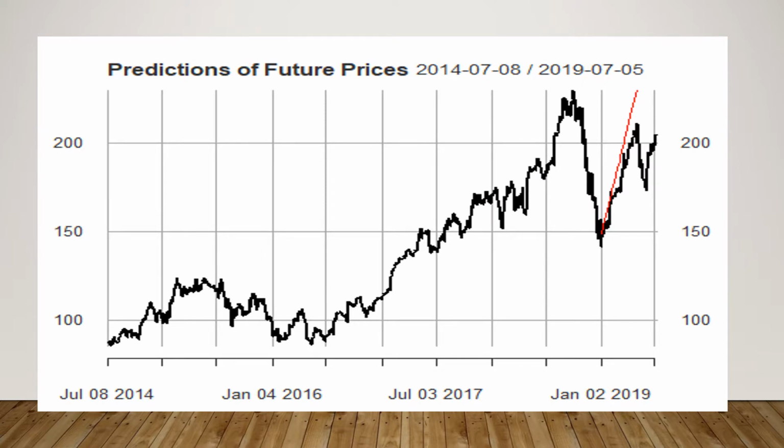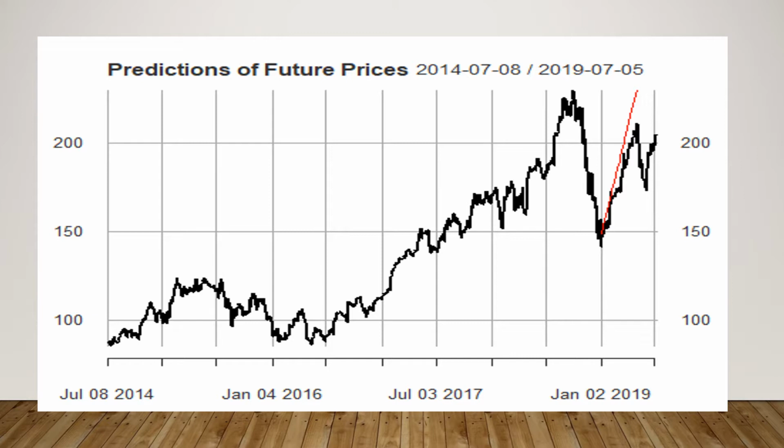This is the prediction of future prices. You can see that when we predicted at the beginning of 2019, where we kept the data of 2019 as hidden and we predicted all the other values, we got an increasing trend, which is pretty much similar but not accurate, because after a few months the prices started declining and then again rose.